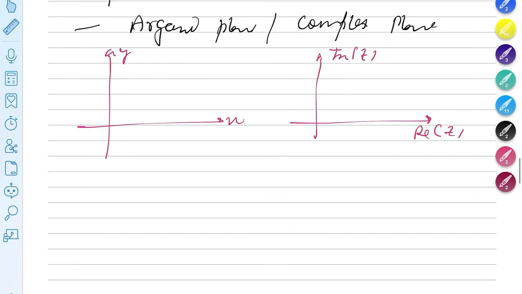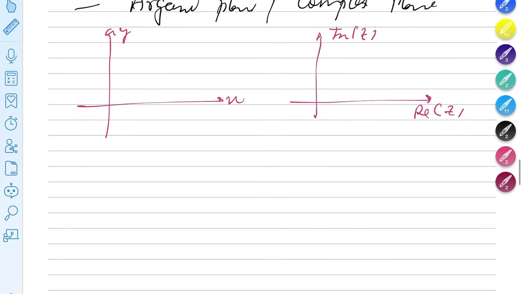Conventionally we call the real part of z as x and the imaginary part as y, so sometimes we also use x and y, because conventionally the complex number is written as x plus iy. That means x is the real part of z and y is the imaginary part of z.